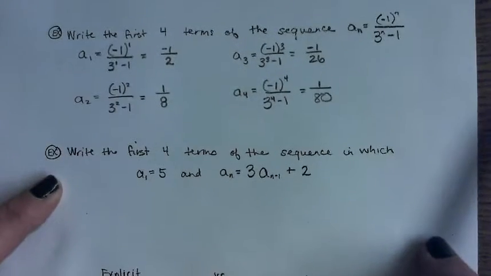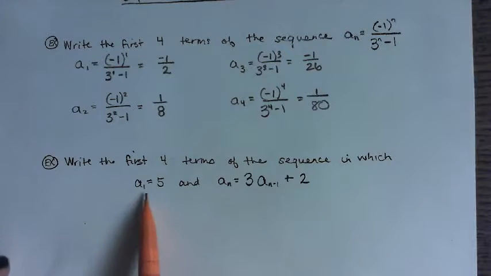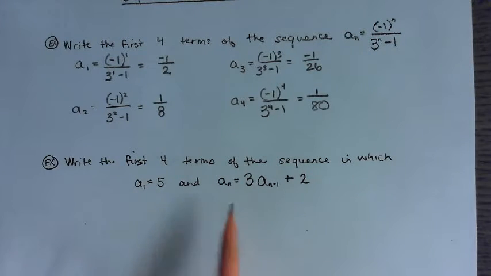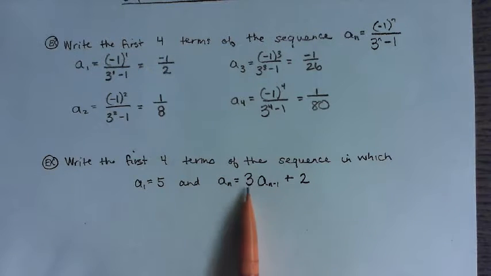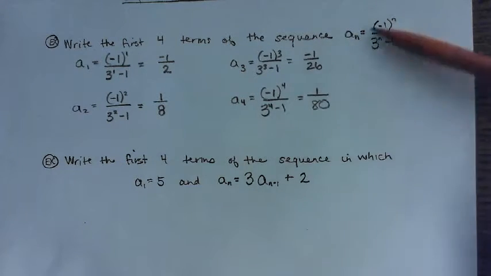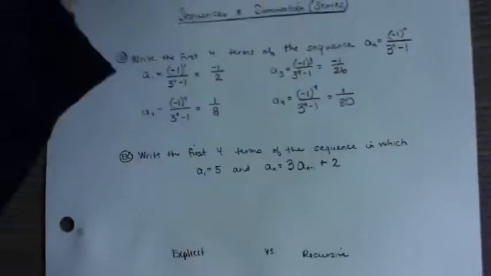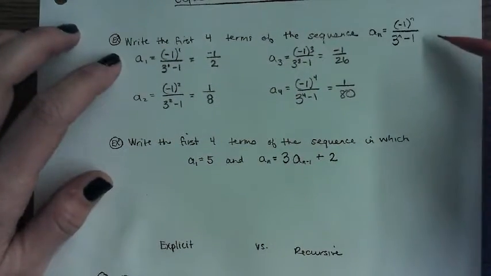The second exercise wants you to write the first four terms of this sequence in which a sub 1 equals 5 and a sub n equals 3 times a sub n minus 1 plus 2. Now, these are different types of sequences, and I wrote them below here. The first one is an explicit.